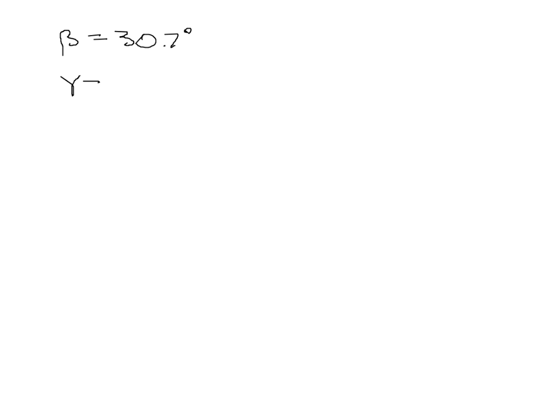Okay, so if beta is equal to 30.7 degrees, gamma is going to be 180 minus 50, that's angle alpha, minus beta, which comes out to be 99.3 degrees.